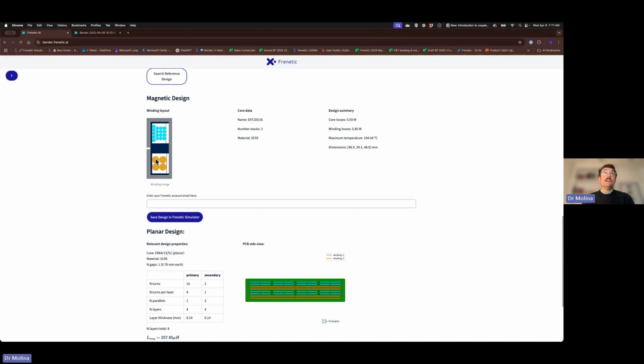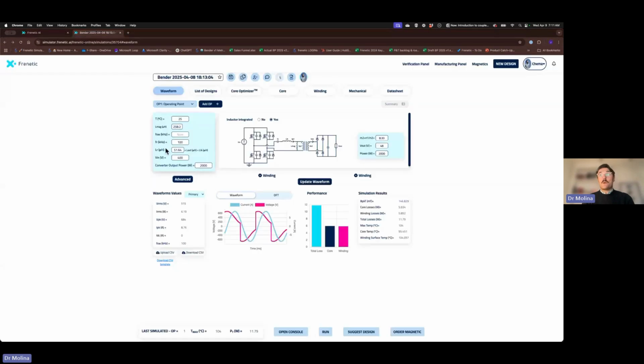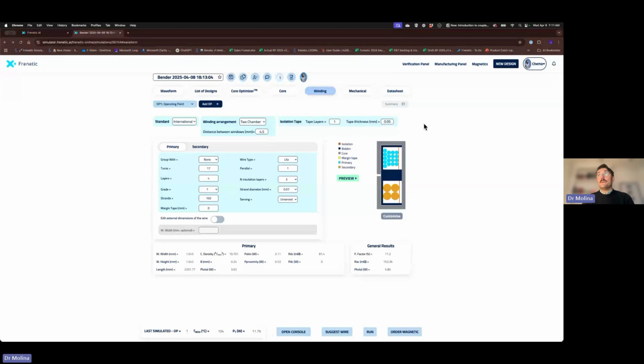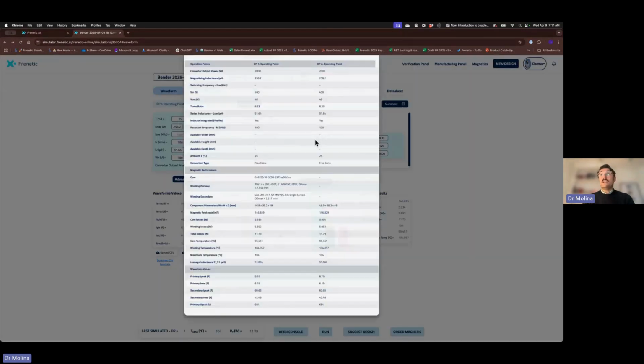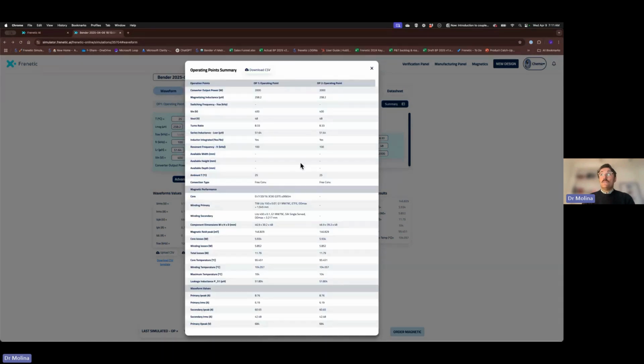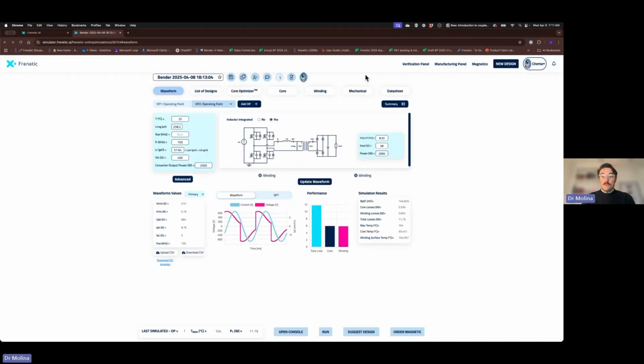Once you are done here, you can jump to the details of our application where you can play with the details of the configuration of the windings. And as I said at the beginning, you can try different operating conditions and verify the functionality of your component under different conditions. That's all for my side.